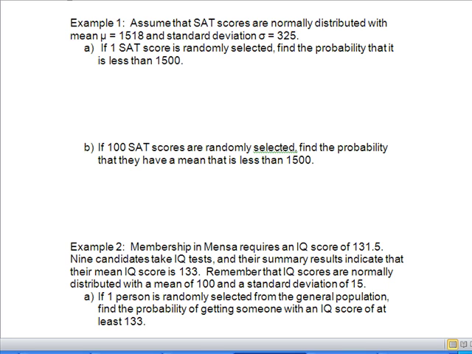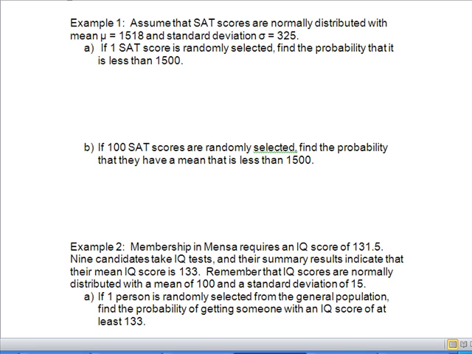So in this case, it's one SAT score. Mean is 1518. Our 1500, and we want the probability it's less than 1500. That's our x. We need to change that x into a z. We know the mean is at 0.